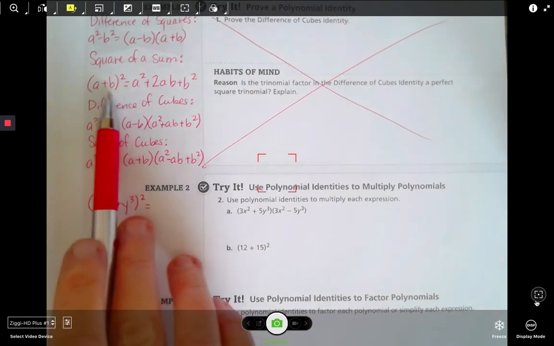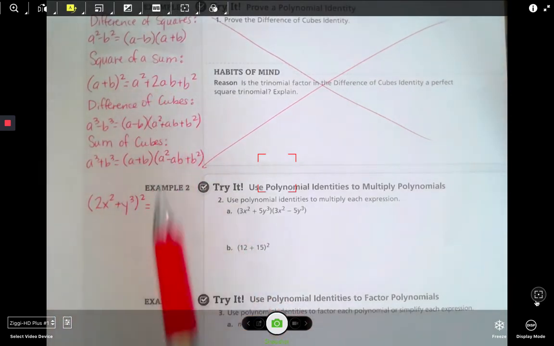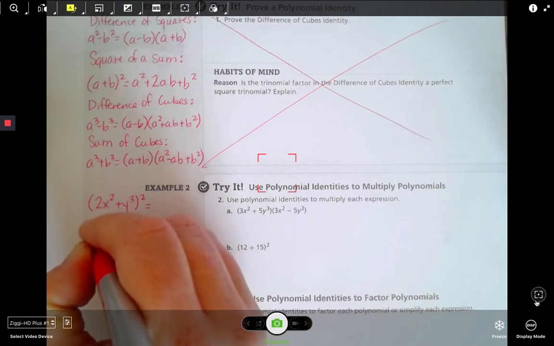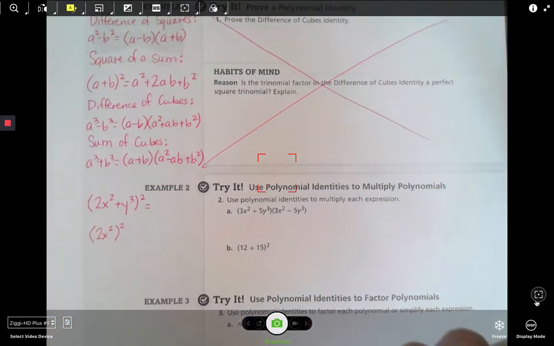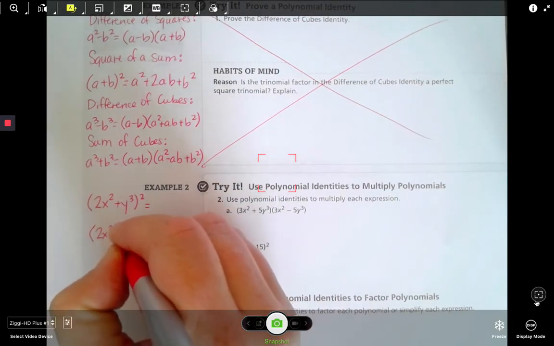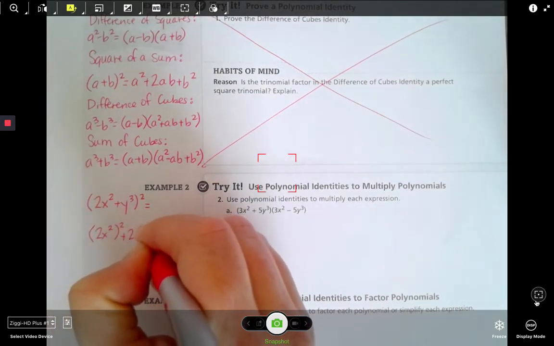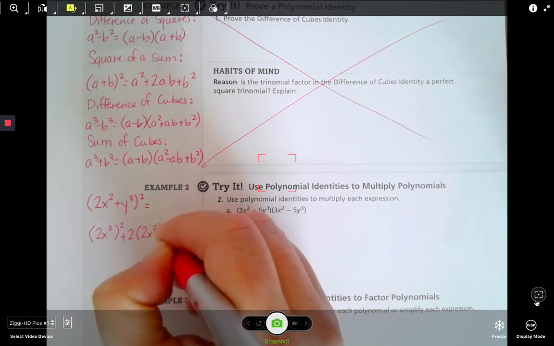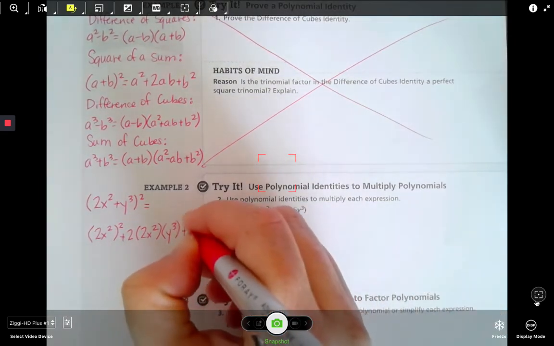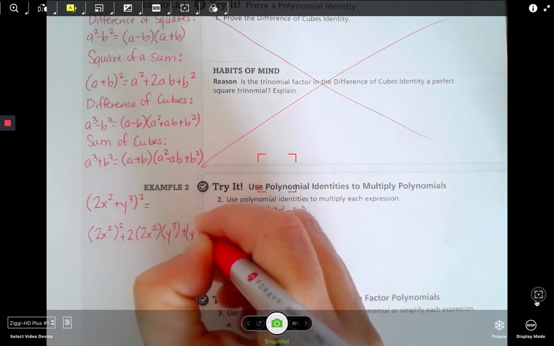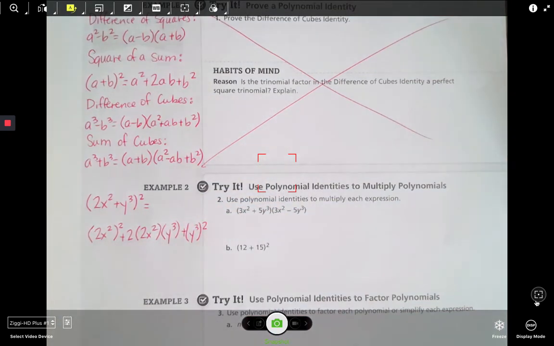So we're going to use this formula here to simplify it. So we know a is 2x squared, so we're going to take 2x squared, raise it to the second power, plus 2 times a, and b is y cubed, so times b, plus b squared. And then we simplify it.